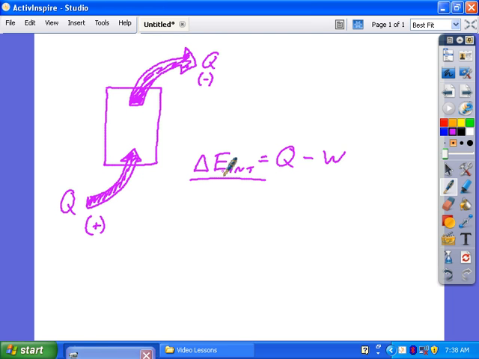Now the work part is a little bit trickier. Let's say that we've got a box with a ceiling fan in it. That ceiling fan is going to be powered by an external motor. All right, work is being done. We need to identify whether work is being done on the gas or by the gas.